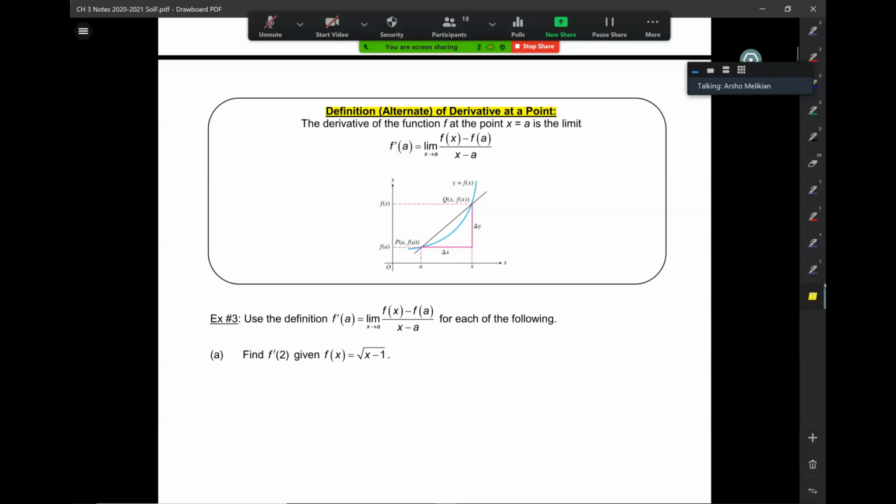So how did we get the h into our definition in the first place, over a year ago? We said that if I have a point x, and then if I go over a distance of h, and I have x plus h, then I get on the y-axis f of x and f of x plus h.